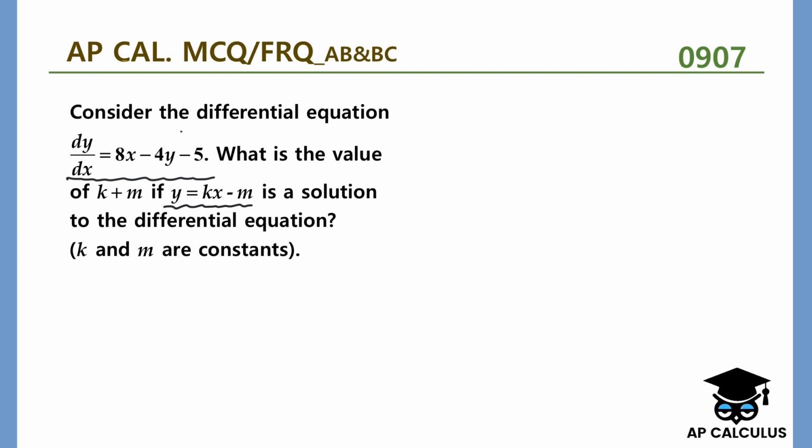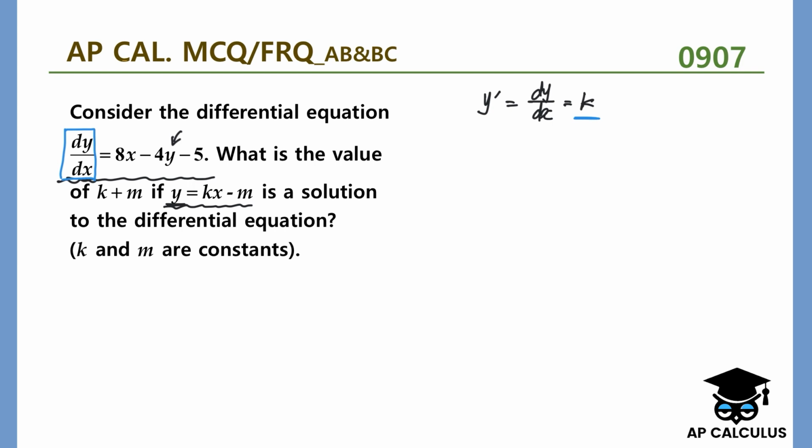So this y here is equal to kx minus m, and dy over dx is the derivative of this solution y, right? The derivative of y, which is equal to dy over dx, is equal to the derivative of kx minus m, which is just k, right? So I'm going to substitute k for this dy over dx.